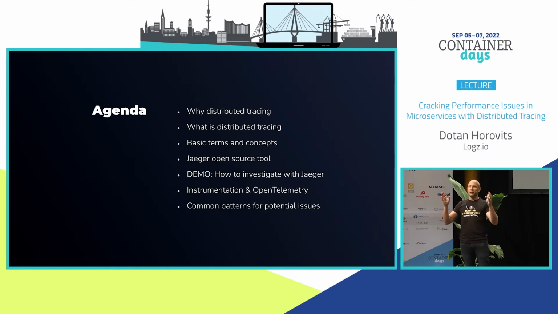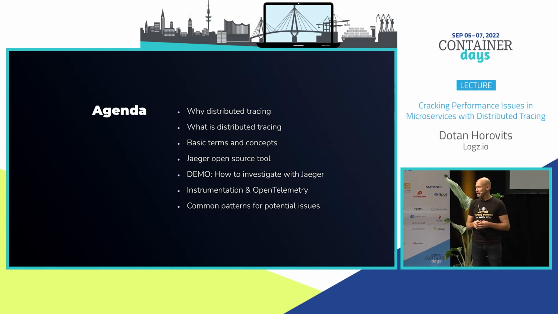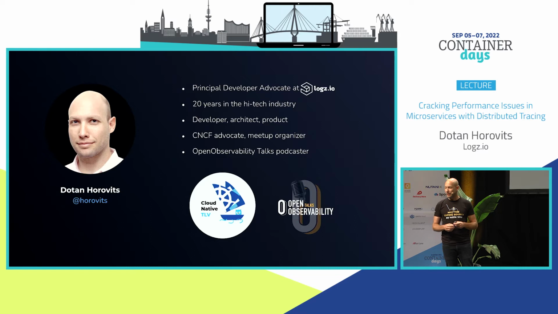Then, if the demo gods help me, I will do some live demo of how you actually use Jaeger for investigating performance issues. Then I'll talk a bit about using OpenTelemetry for instrumenting for distributed traces. And lastly, but very important, I'll give some common patterns to look for which can help you detect if you have performance issues in your system. So that's our plan for today.